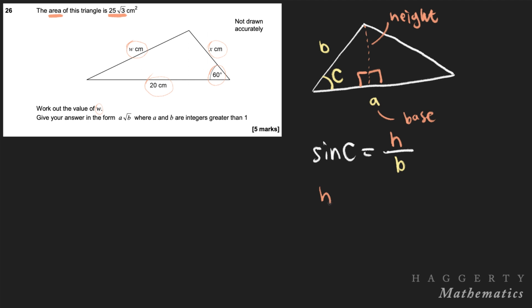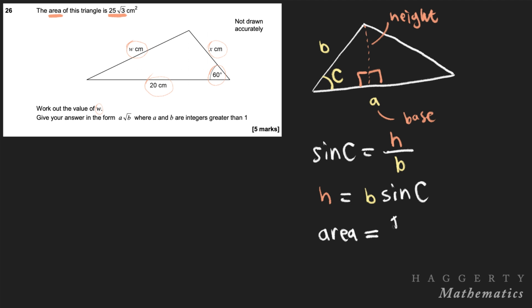The height is going to be b times the sine of the capital C, and we can now find the area of any general triangle. This is a formula you probably just want to remember for the GCSE exam.